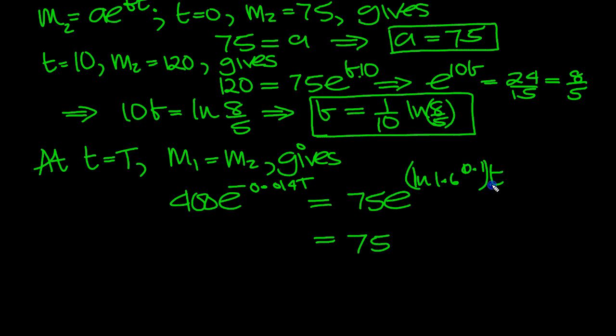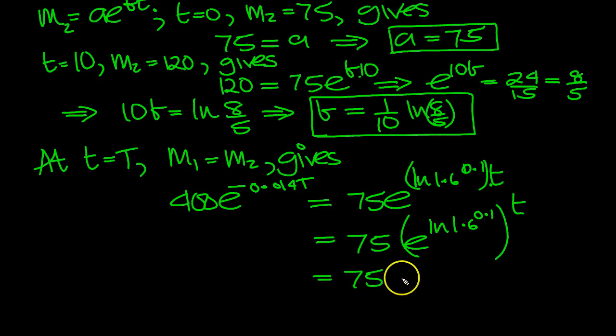I can split this up as a power, so it's e to the ln of 1.6 to the 0.1, all to the power t, which is equal to 75. The e to the ln now cancels. It's 1.6 to the power 0.1 times t, so it's 0.1 t.